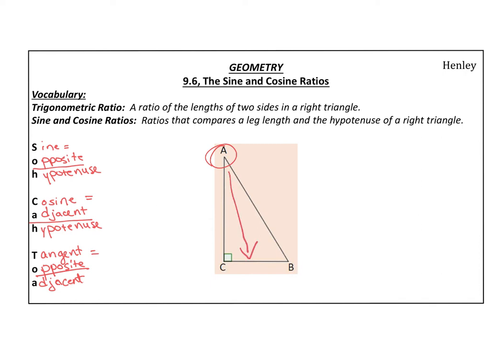This side would be opposite angle A. Our hypotenuse is always across from the right angle, and adjacent is the leg that connects our angle and the right angle.